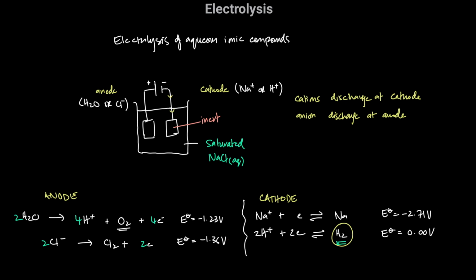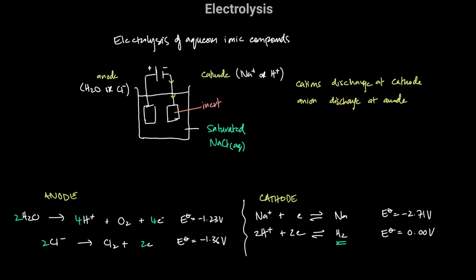Again, we have to decide whether we're going to have hydrogen gas forming at the cathode or sodium metal, and at the anode, whether we're going to have oxygen gas or chlorine gas. Now, if you have a very saturated solution of sodium chloride, what happens is the following.